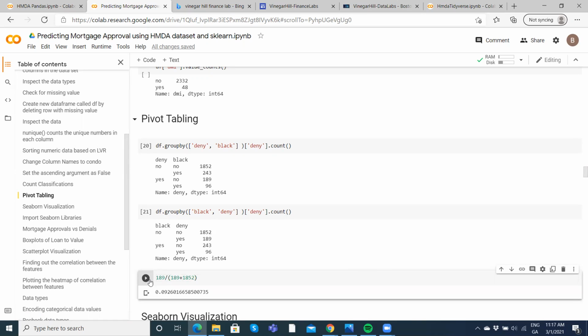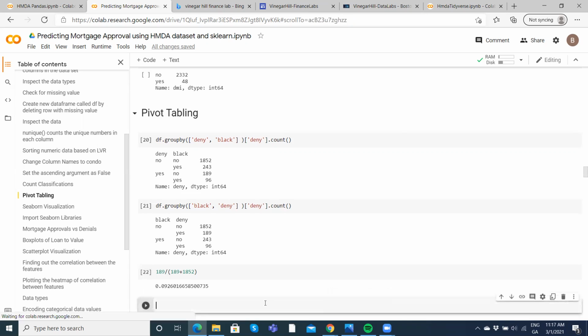That will give us, for the total population, the level of denial in terms of being approved for mortgage. So 9% of the majority, the non-Black, non-Latino, non-African American population, were rejected for mortgage. For the African American and Latino populations, the rejection rate seems to be higher.